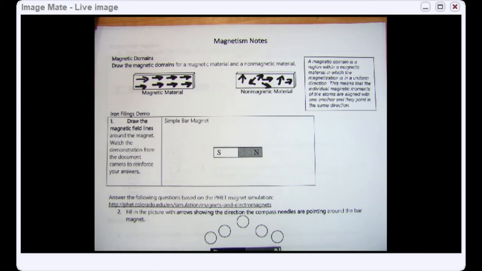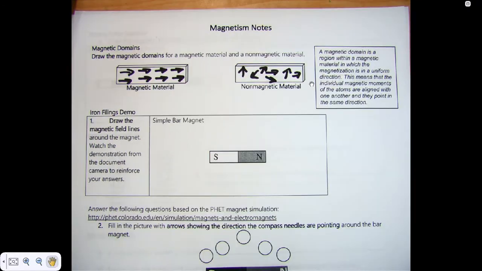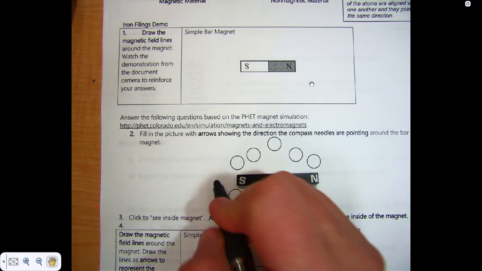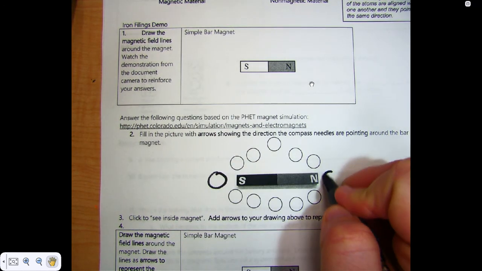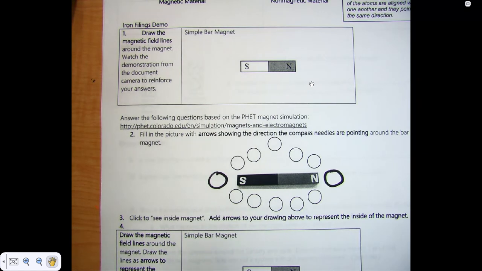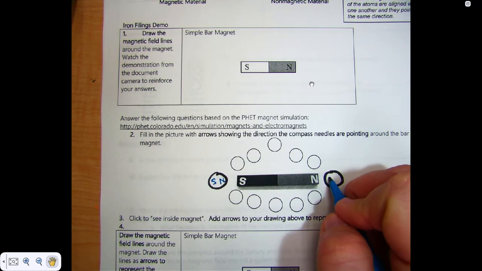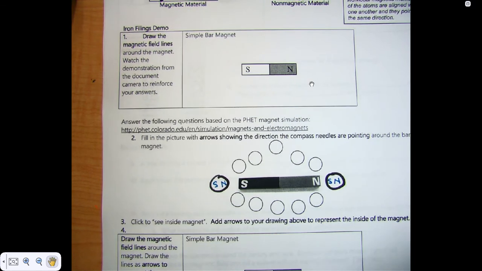Now the link's there if you want to go and play with it. Some of you don't have access to it unless you have Java on your computer, but this will help you as long as you've seen that. So what I want to do is I want to go back to my notes, and we're going to draw it on here. So what we had, I'm going to add in 2 extra spots. Okay, the north was pointing to the south was pointing to the north.